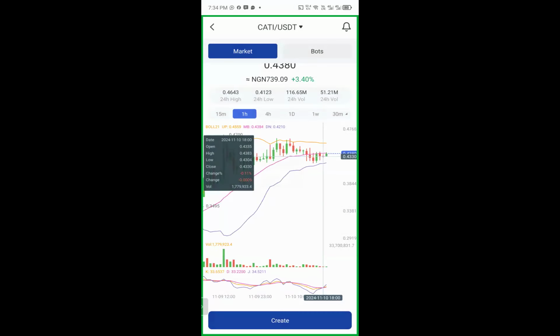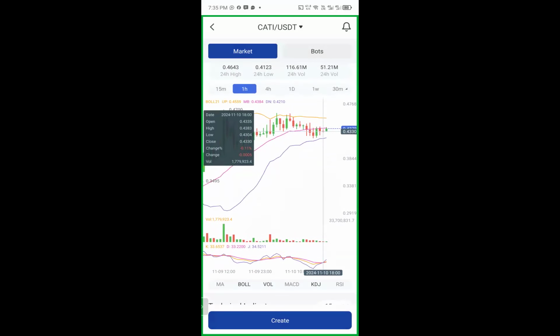So our 1 hour is good to go. Once you check that your 1 hour is good to go, you can stay long in the market. But once the 1 hour is retracing, it affects the 1 minute, 3 minutes and 5 minutes.